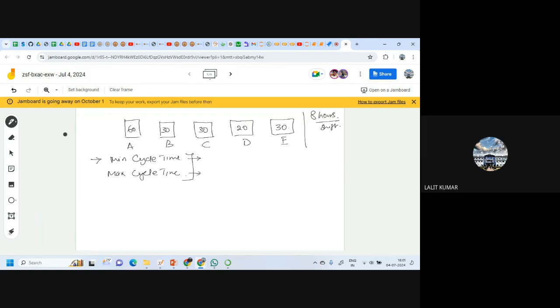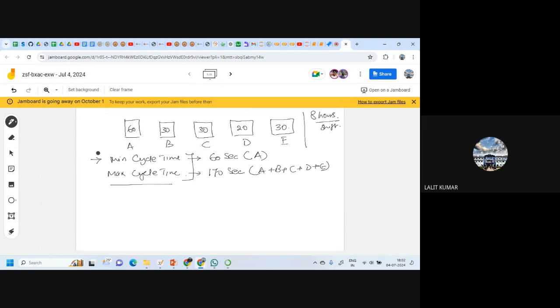In this case, it will be 60 seconds, coming from activity A. The maximum cycle time is the total time if we do these activities sequentially. So it will be 90 plus 30, 120, 140 and 170 seconds. This is coming from A plus B plus C plus D plus E.